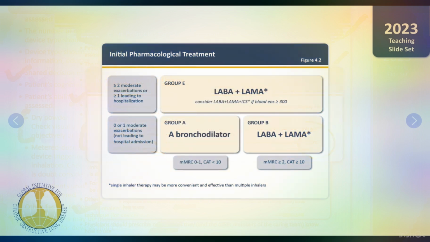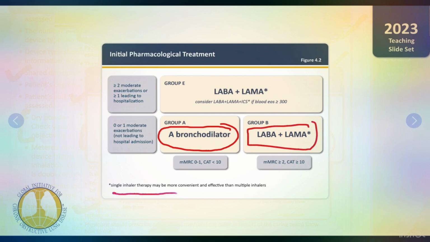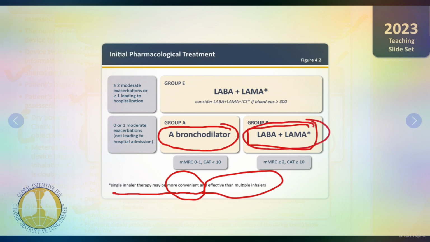After that, they are telling the initial pharmacological treatment according to the category. In group A, we give a bronchodilator. It could be SABA, SAMA, LABA, whatever. In group B, we give a combination of LABA plus LAMA, and they are telling single inhaler therapy may be more convenient and effective than multiple inhalers. So if we are giving a combination, then we should give it in a single device.